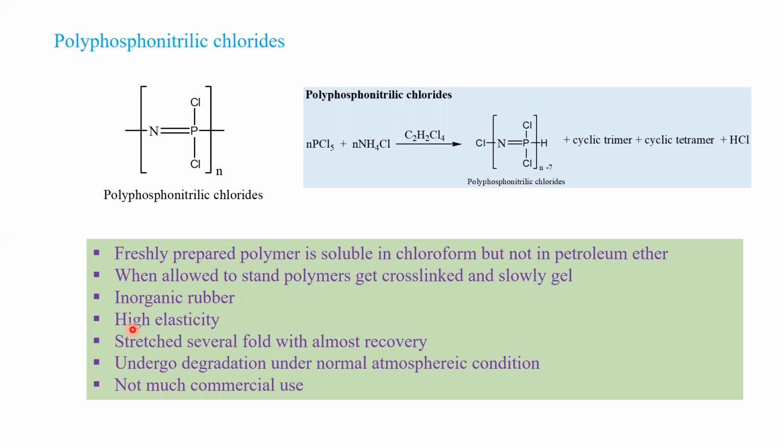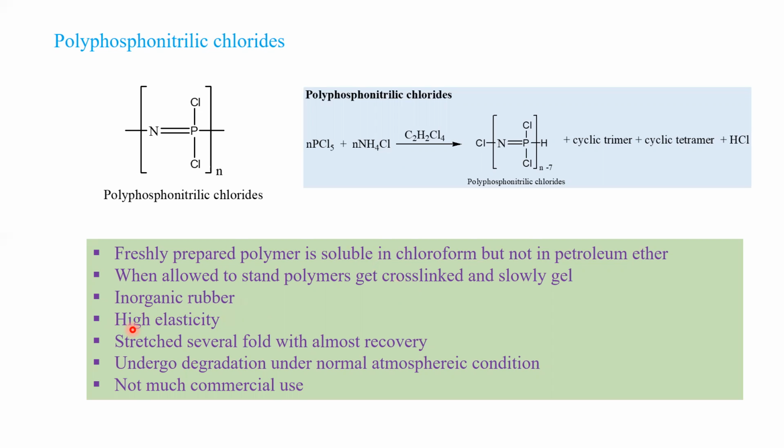Elasticity means when we stretch the material by applying some force, it gets elongated to an extent, and when we release the applied force, it comes back to its original shape. Such compounds are known as elastic compounds.